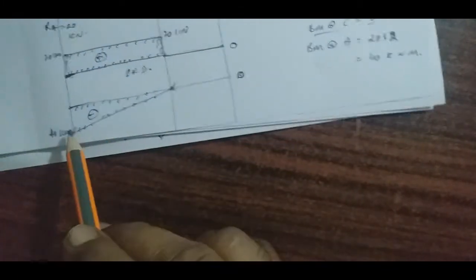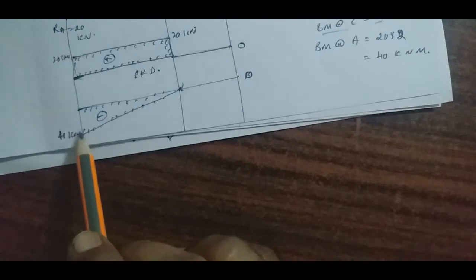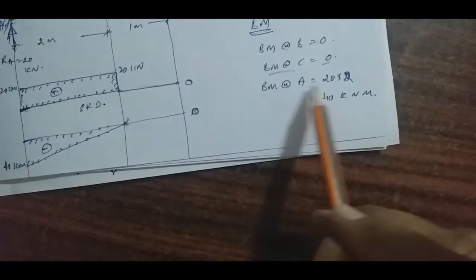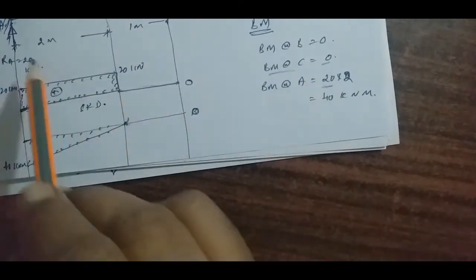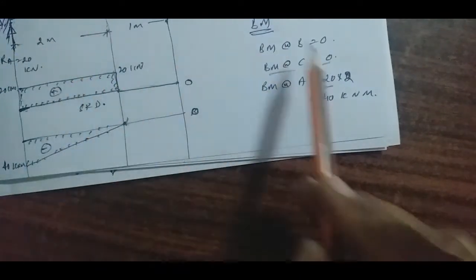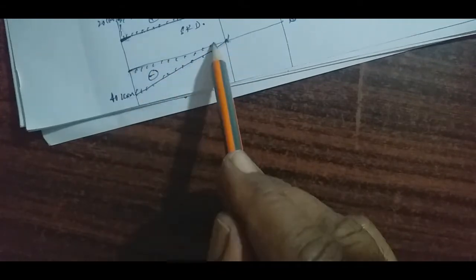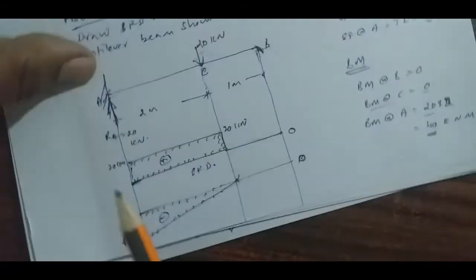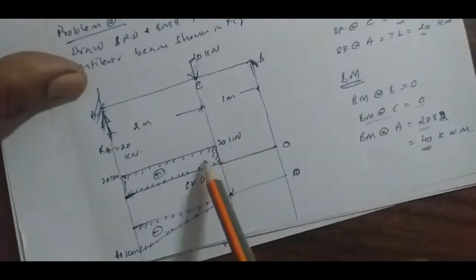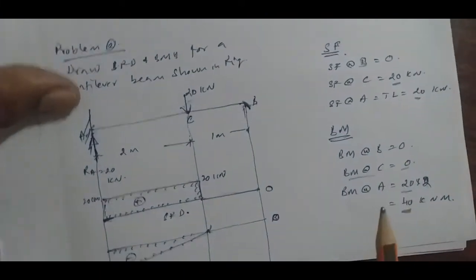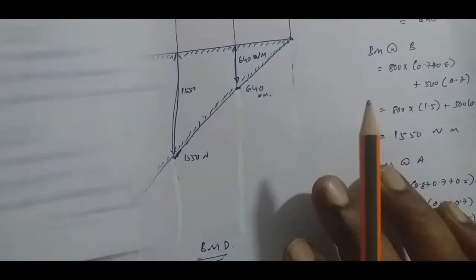Now coming to the bending moment at point A. The load value is 20 and this span is 2 meter, so 20 into 2 gives 40 kilonewton meter as the bending moment. So this is the bending moment diagram. Projecting all these, you will have the bending moment and shear force diagrams.